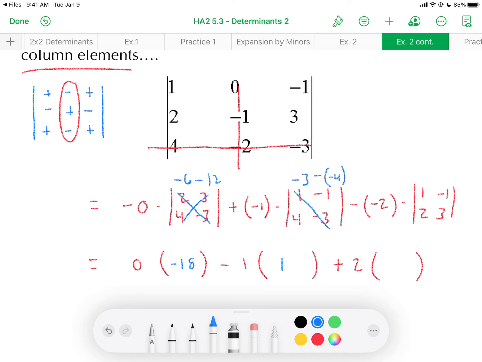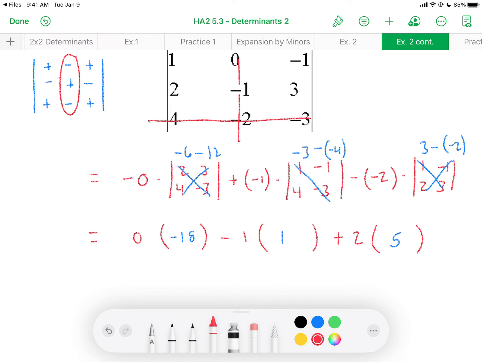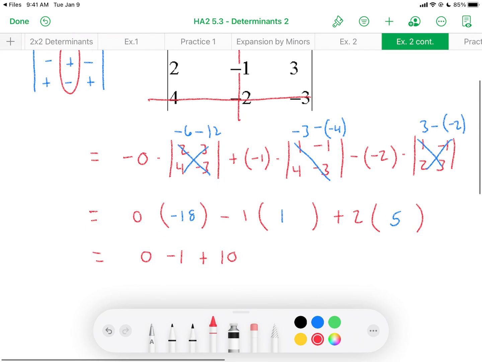And then I'm going to do 3 subtracted by -2, which is 5. I wind up with 0 minus 1 plus 10, which is 9. Same answer as before.